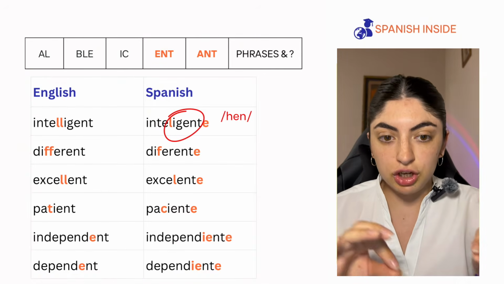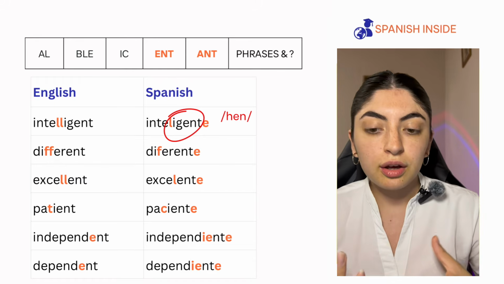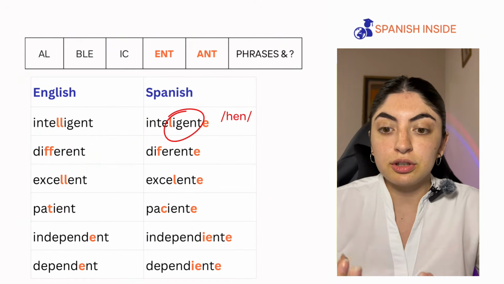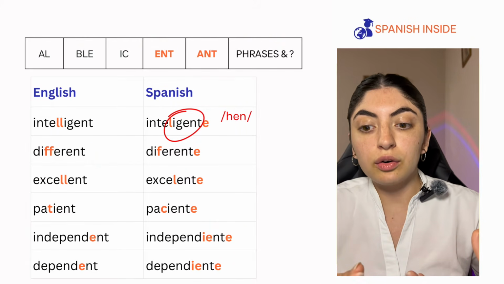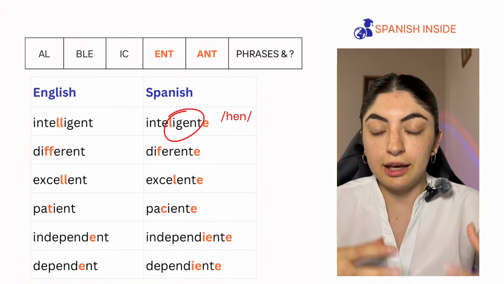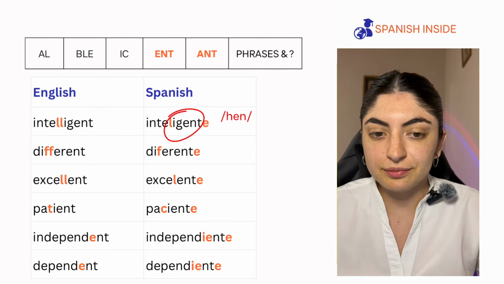The letter G is pronounced like an H in English. For example, every time it appears with an E or an I before it, as in inteligente. You have it here, inteligente.